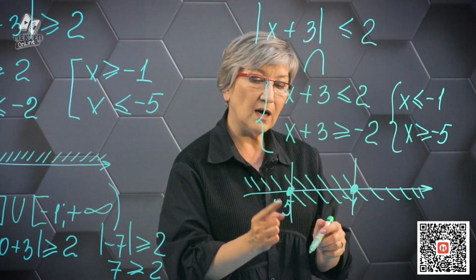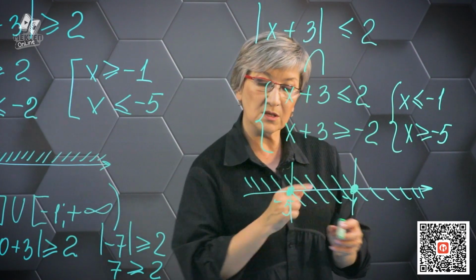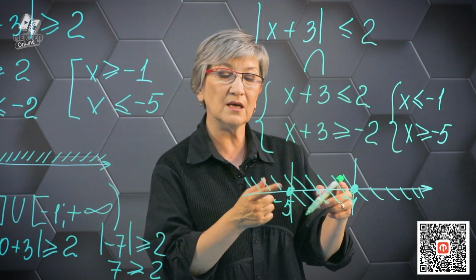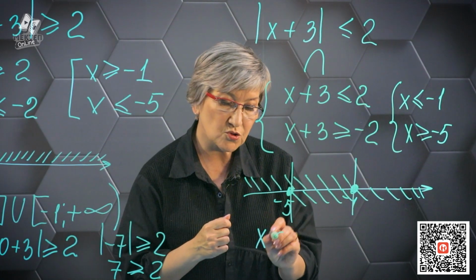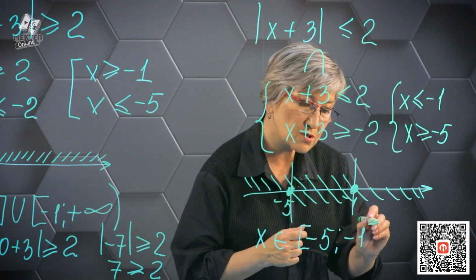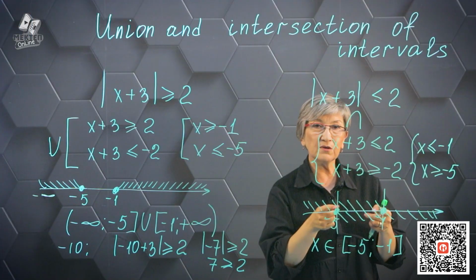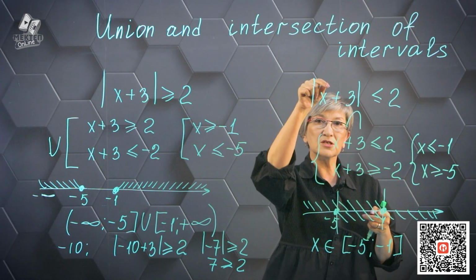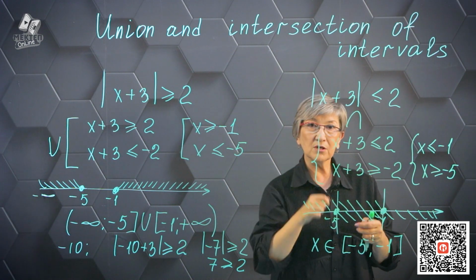That's the interval from minus 5 to minus 1. Then in the answer, I write down the intersection. And then I'll write that x belongs to the interval from minus 5 to minus 1. If I choose any number from that interval and substitute in our inequality, the result is a true statement.